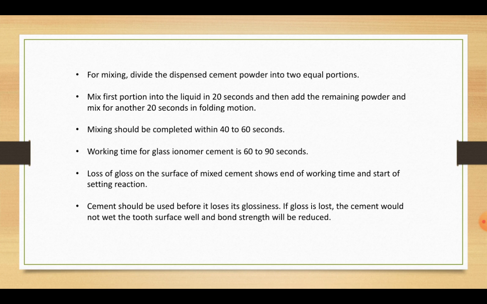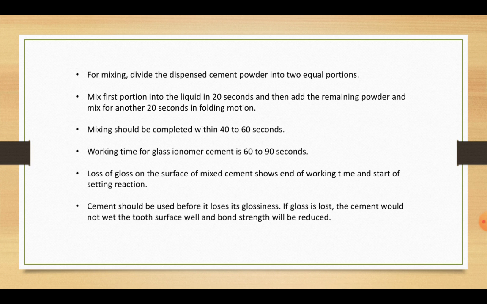And loss of gloss on the surface of the mixed cement shows the end of working time and the start of the setting reaction. That means after the working time, the setting reaction starts, and within this working time, the cement has to be placed inside the cavity preparation.